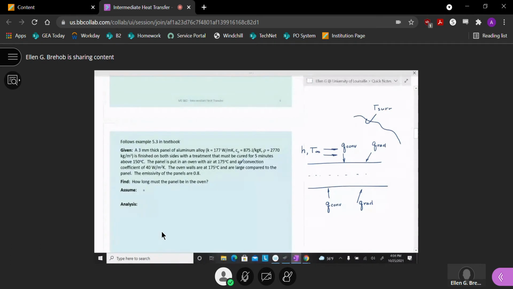Okay. It's not in the problem statement, so I'm going to make an assumption that we're originally at uniform temperature for this plate.